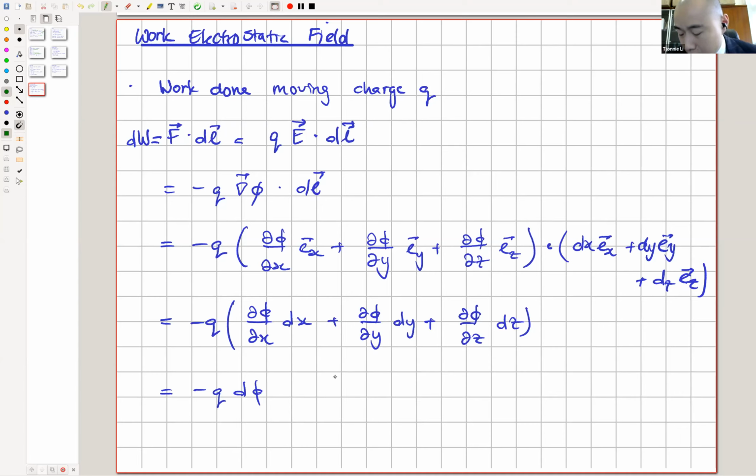This is the work done, which in this case is equal to the decrease in potential energy.